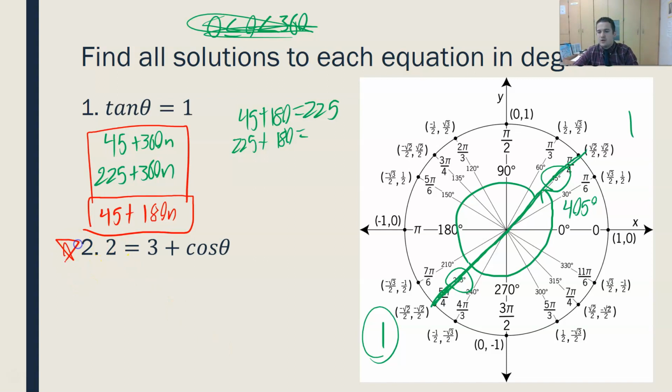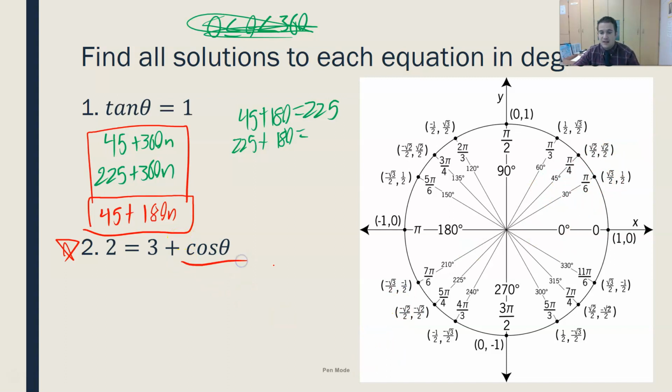Well, number 2 here says 2 equals 3 plus the cosine of theta. Well, shoot! I can't even look at my unit circle until I get this cosine by itself. So, in like fashion as we've already done, I'm going to subtract 3 on both sides, which gives me 2 minus 3 is negative 1 equals cosine of theta.